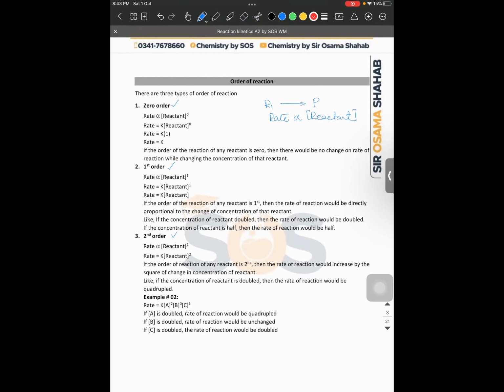If this reactant is zero order, so in mass, but you know that if anything having a power of 0, it is equals to what? 1. It is equals to 1. So that means the rate is equals to 1. When you remove this proportionality sign, so it is equals to k. That is showing you that rate is going to be constant.